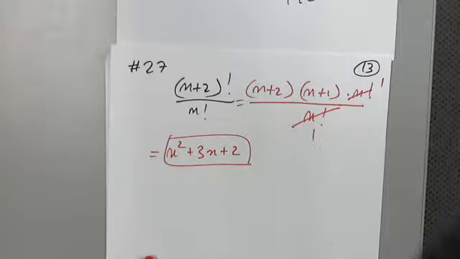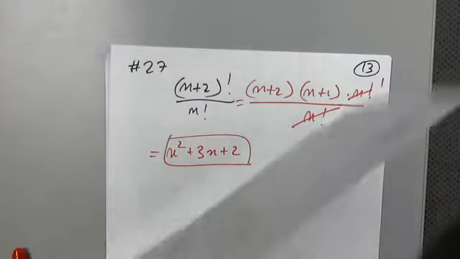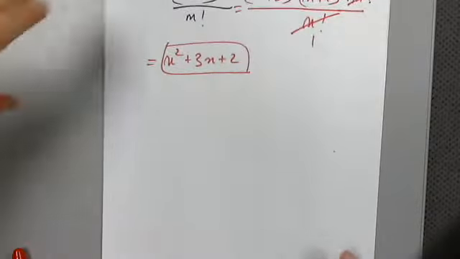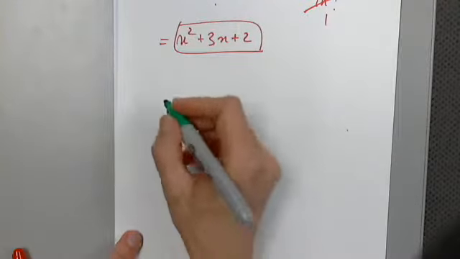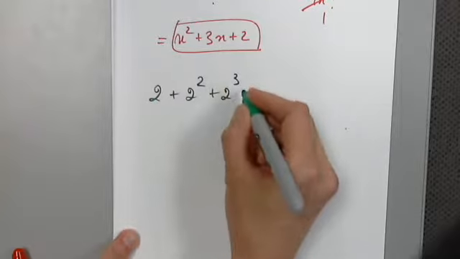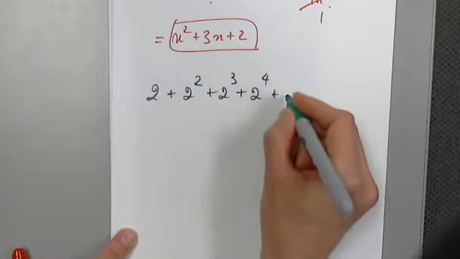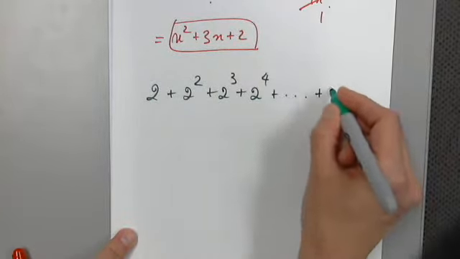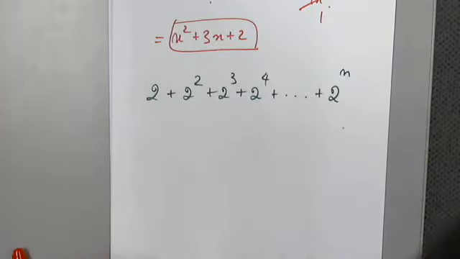Yes? Okay, finally, we can talk about the summation notation. So here's an example. 2 plus 2 squared plus 2 cubed plus 2 to the 4th plus dot dot dot plus 2 to the nth power. We have a different notation for this because we don't want to list all these terms.